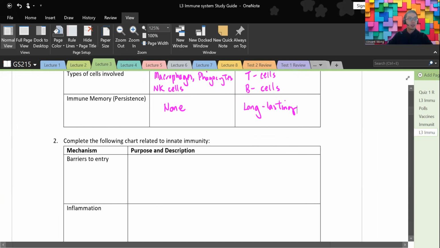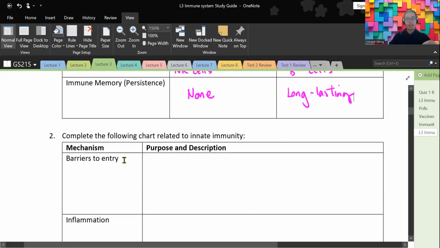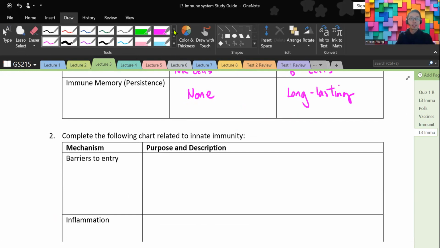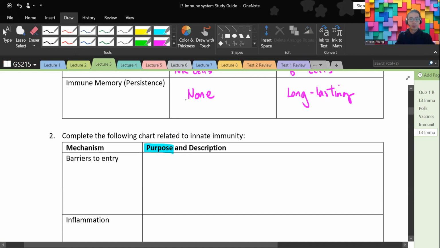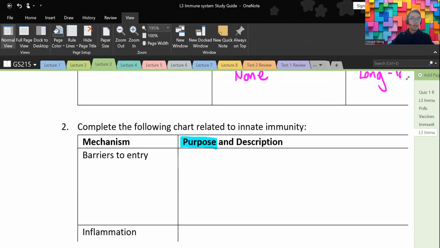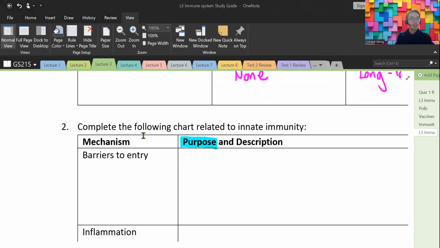All right, let's go to question number 2, which is the mechanism for innate immunity. So again, I will do the purpose in blue, and then I'll do the other one and the color later. So what's the purpose of the barriers to entry?